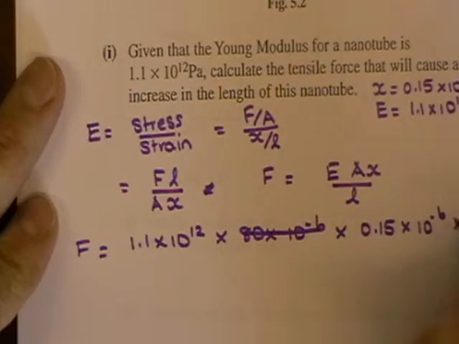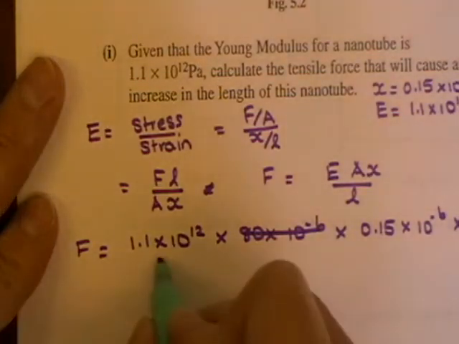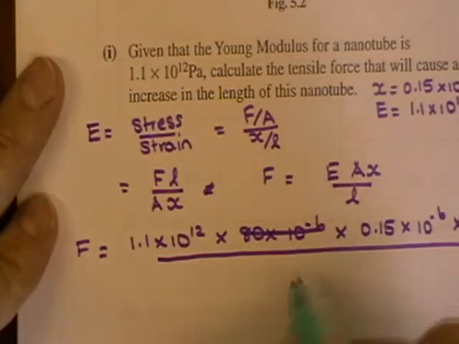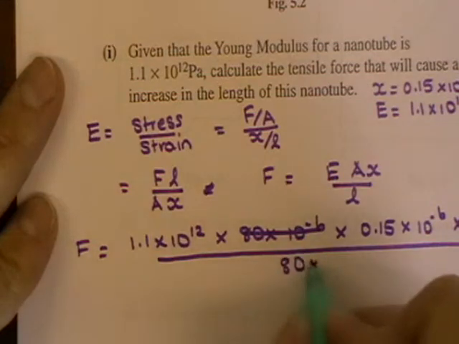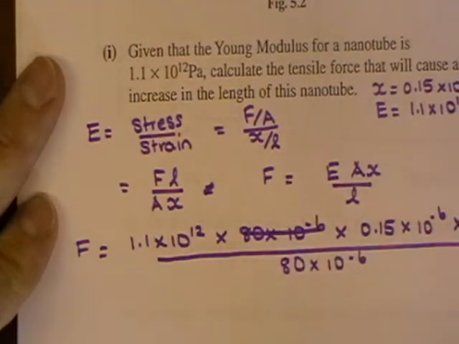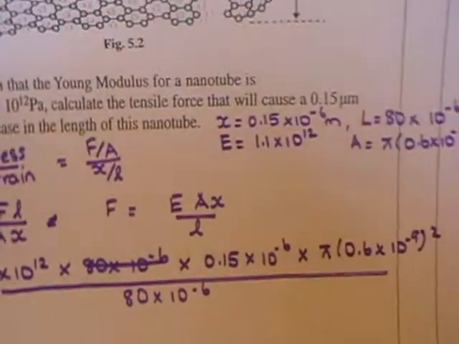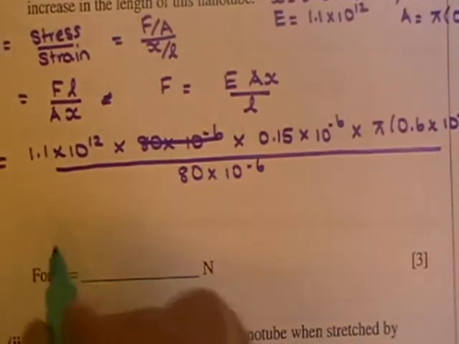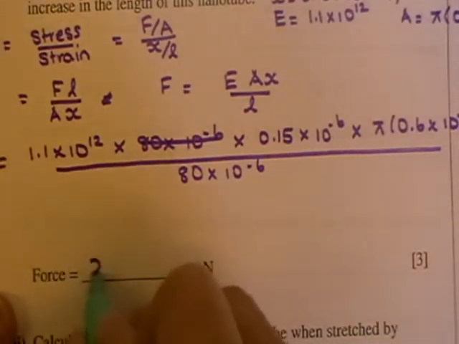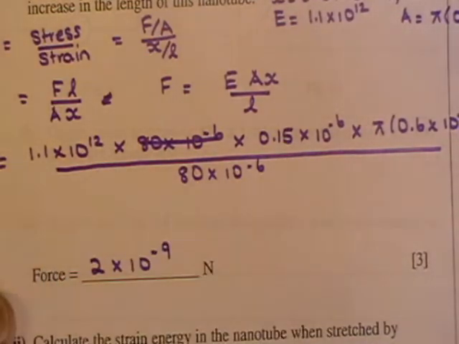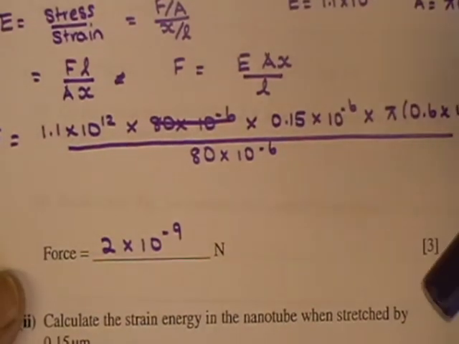And the area is pi times 0.6 by 10 to the minus 9, squared. And then the length is in the bottom, and the length is 80 by 10 to the minus 6. There's an awful lot of numbers there and an awful lot of standard form going on, so you just have to be careful about it. And when you do that calculation, you get 2 by 10 to the minus 9 newtons as your answer.